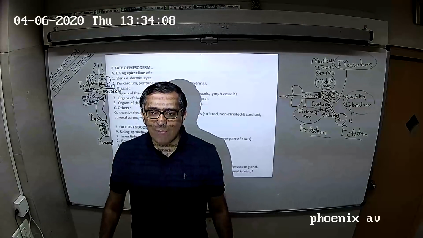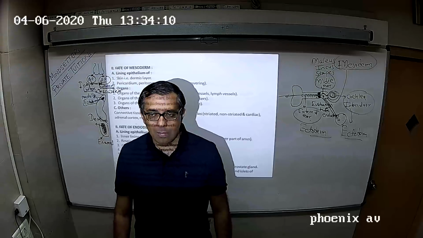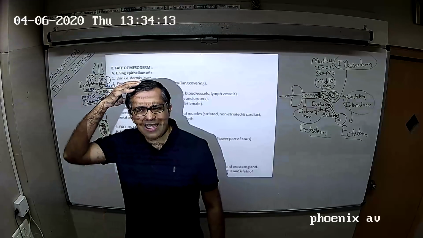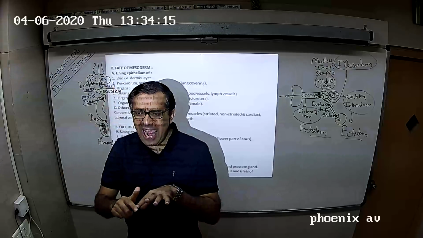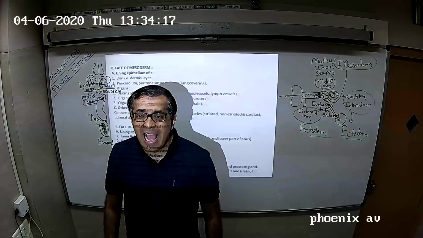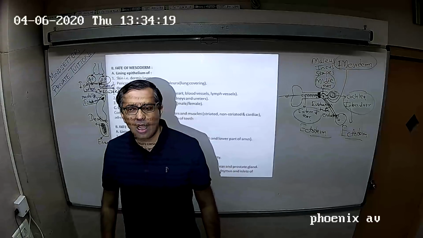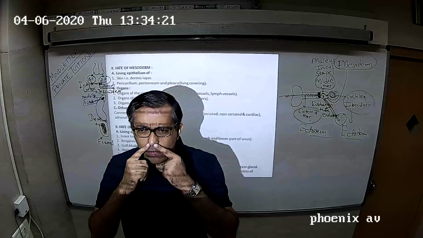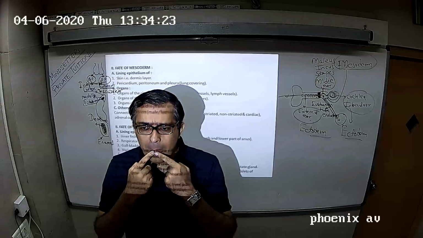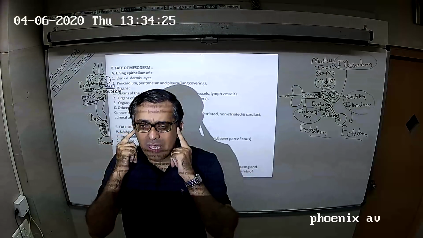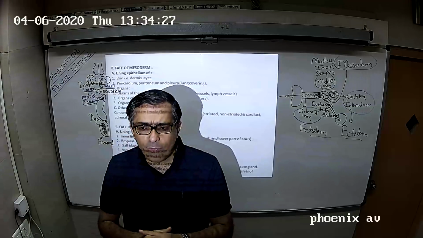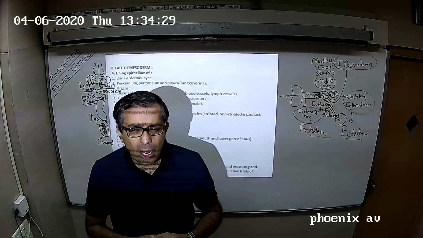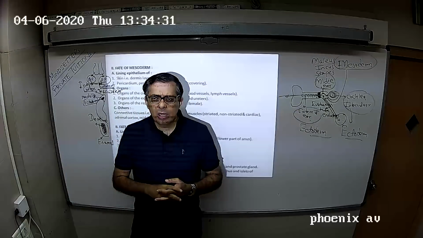Where do they all develop from? The mesoderm. Sir, where does hair, nails, etc. develop from? Ectoderm. Sir, where does parts of nose, parts of mouth, parts of ears, etc. develop from? Ectoderm.